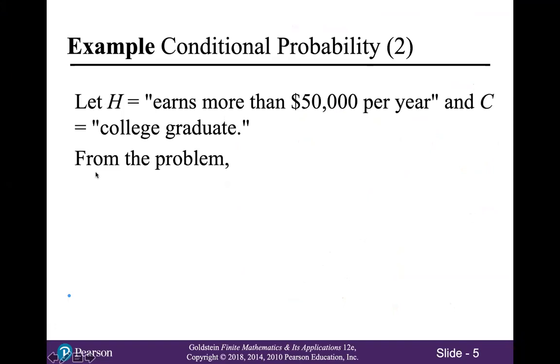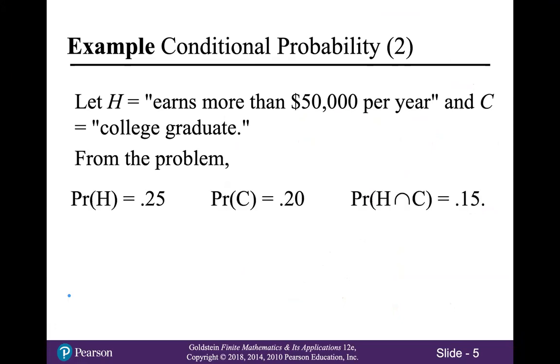Okay. So let H be the event that the person earns more than $50,000 a year, and C be the event that they are a college graduate. From the problem, the probability of H is 0.25, the probability of C is 0.20, and the probability of H intersect C is 0.15.